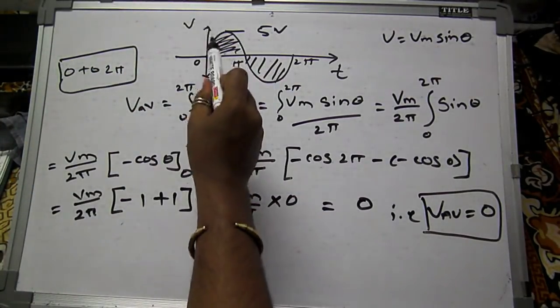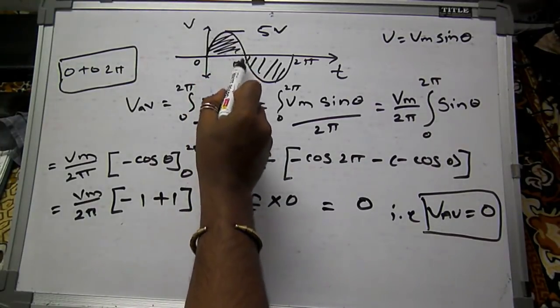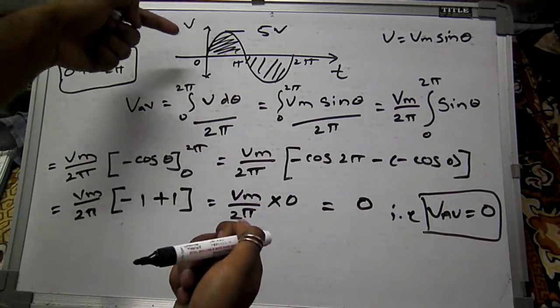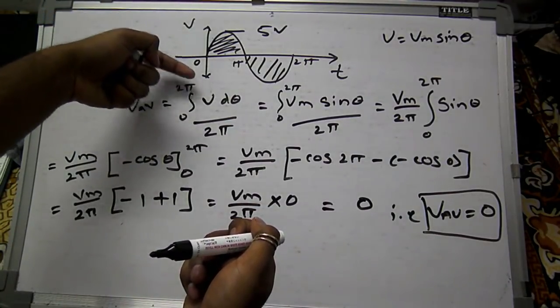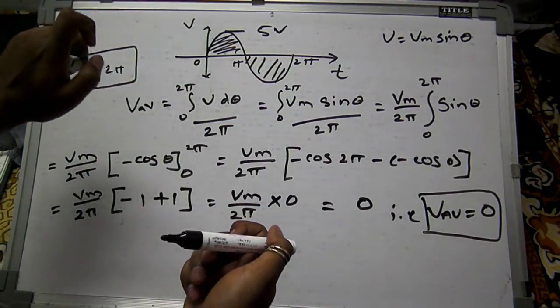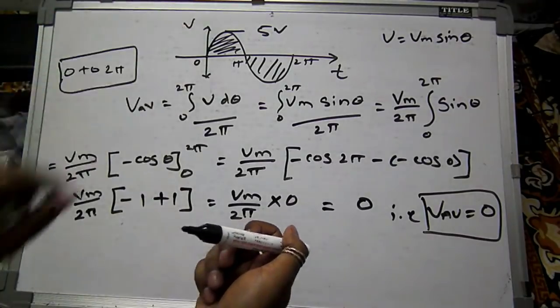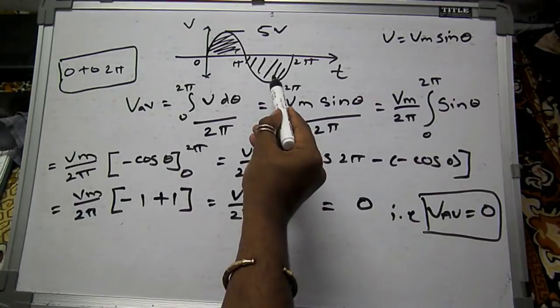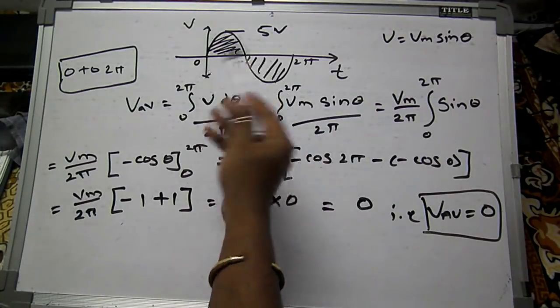Why? Because this point and this point will cancel each other. We are averaging, meaning we are adding this and then dividing it by 2. We are taking the mean of it. So this is positive and this is negative. We are adding them and dividing by 2, so we will get 0.